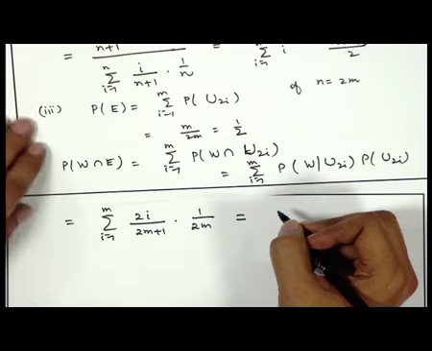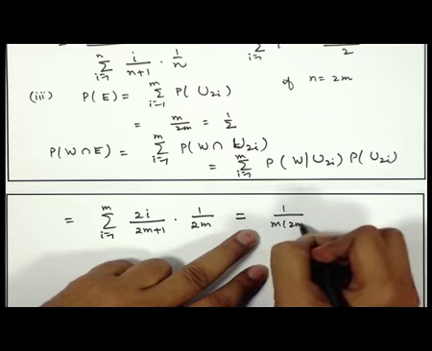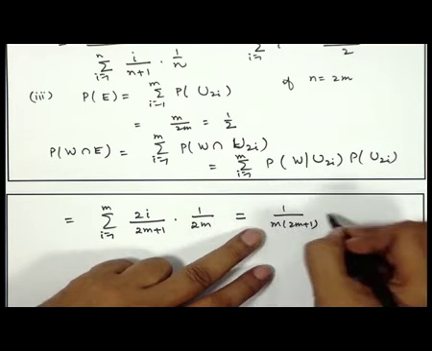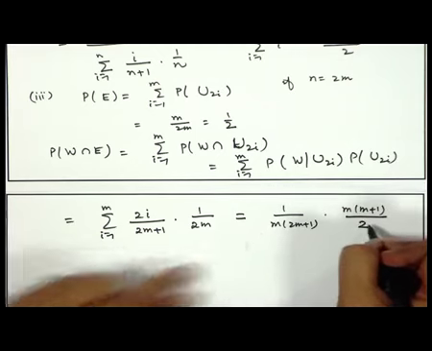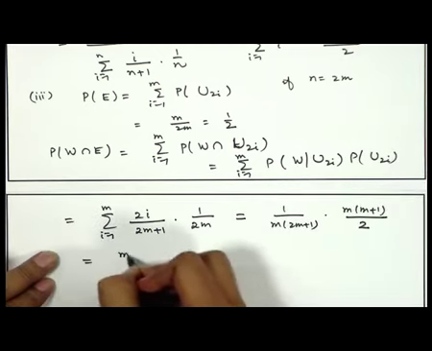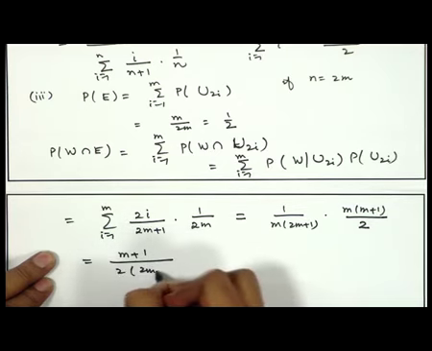So, this is simply the sum of the first m numbers. So it becomes 1 by m into 2m plus 1, sigma i, that is m into m plus 1 by 2. This is easily simplified; it is m plus 1 divided by 2 into 2m plus 1.